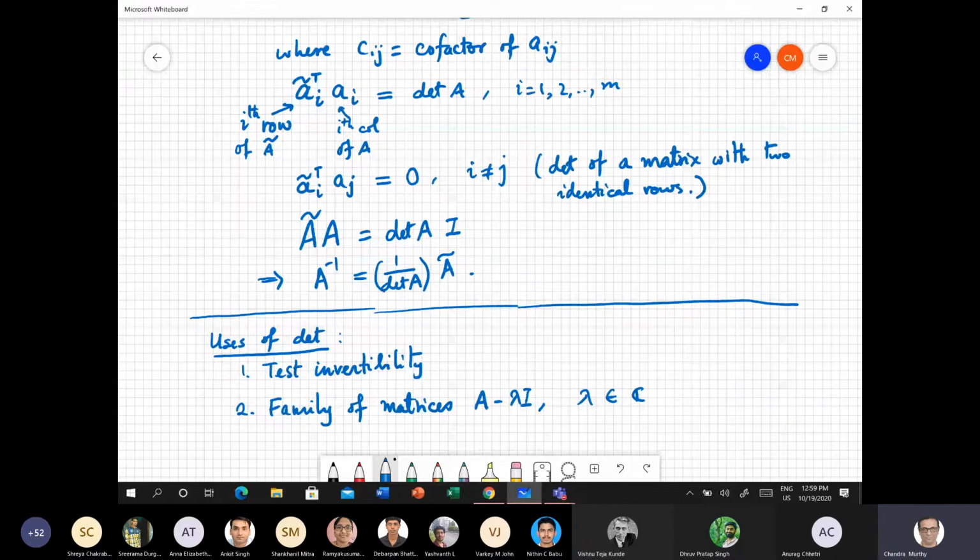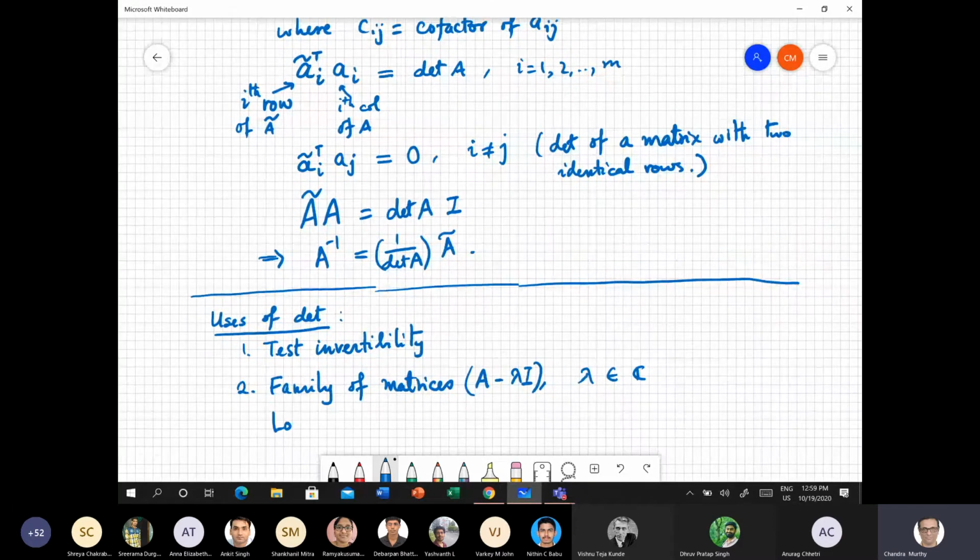As I vary lambda over the complex plane, I'll get different matrices. And I look for what values of lambda will make this A minus lambda I a singular matrix. So I look for solutions to determinant of A minus lambda I equal to 0.